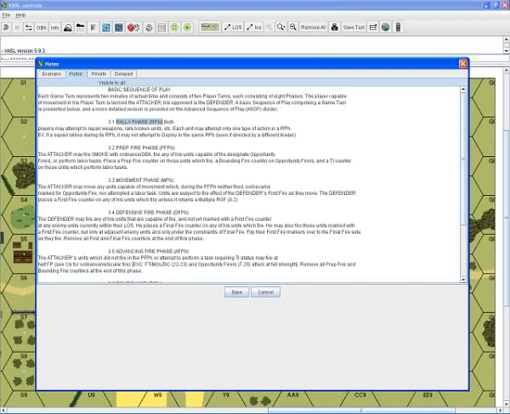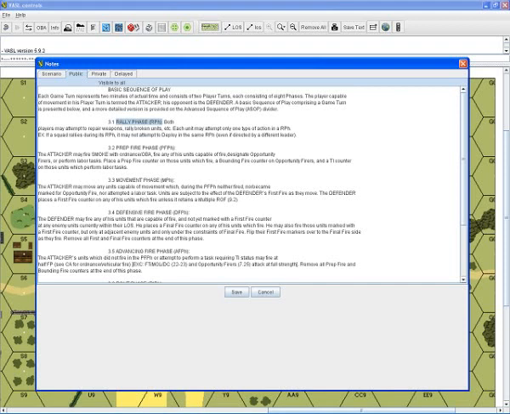RPH, rally phase. And you notice next to it says both, because both players are actually going to be participating during the rally phase. The attacker is going to do his phase first, and the more common things that happen during the rally phase are units can attempt to repair weapons, and you can try to rally broken units.